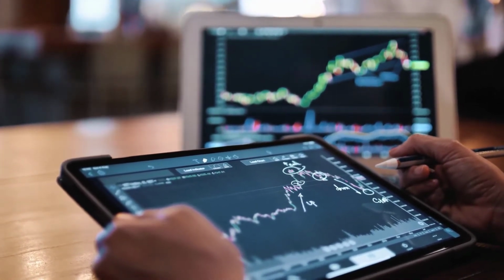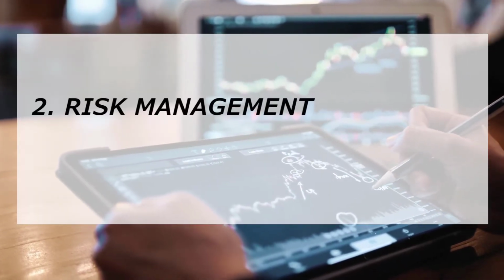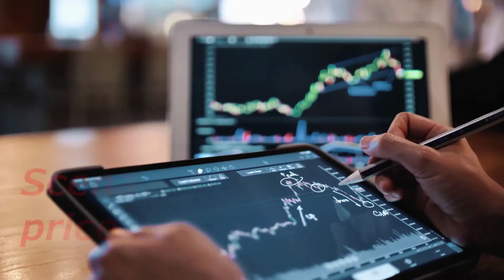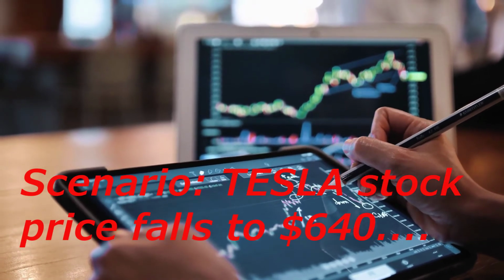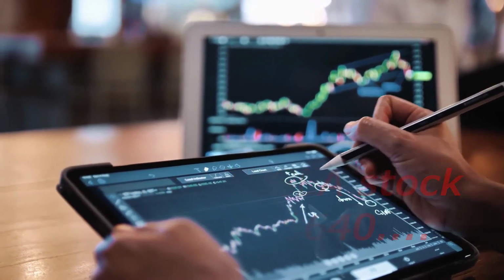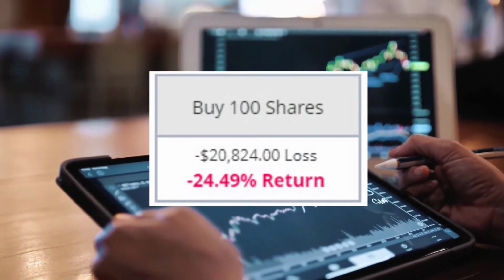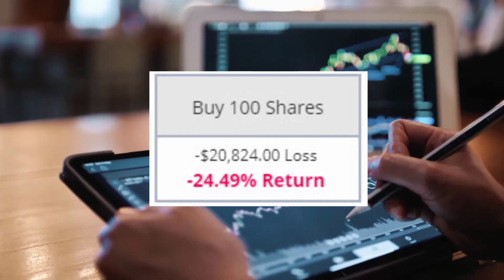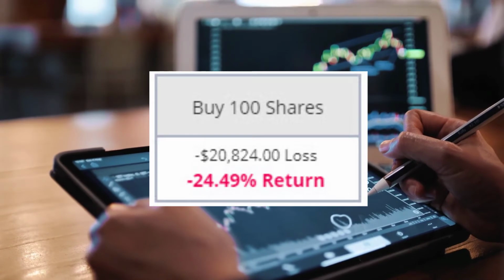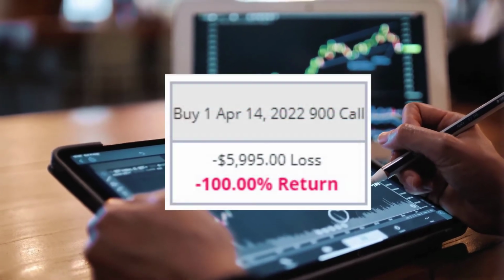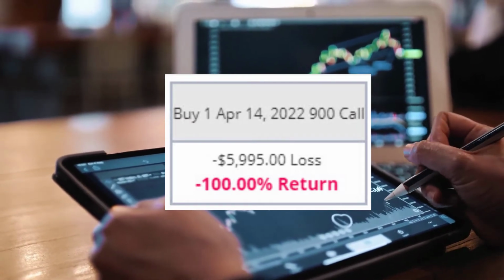and with options that can also help you to the downside as well. So if our trade, for example, went badly wrong, so the stock price fell to, say, for argument's sake, $640-ish, then our 100 shares would have lost $20,824, which is a 24.49% loss, whereas our call option would have lost only the amount we paid for it, which was the $5,995.